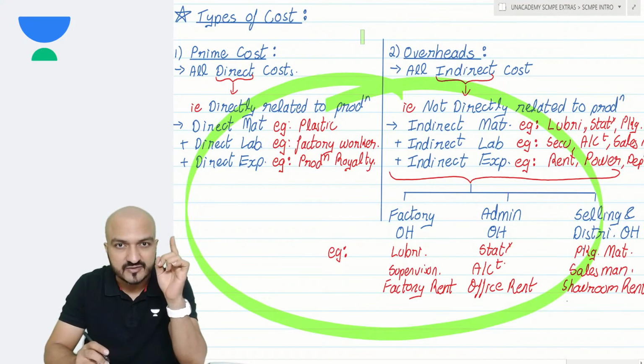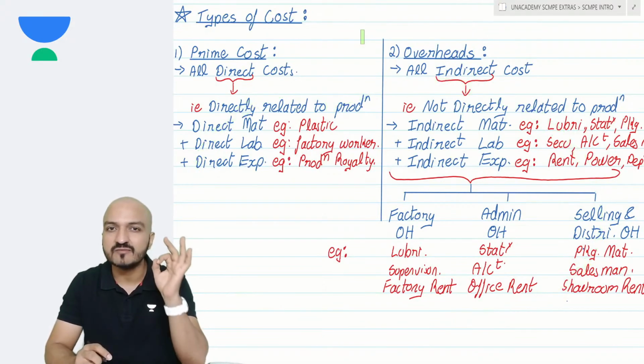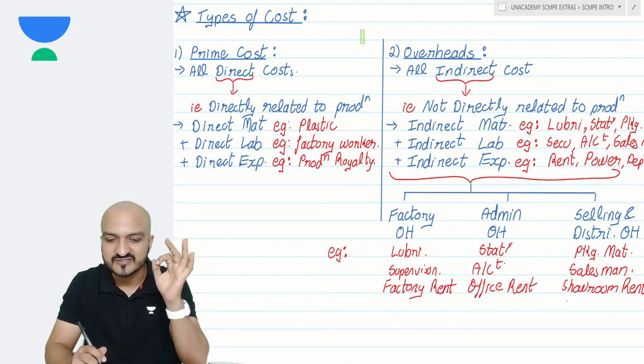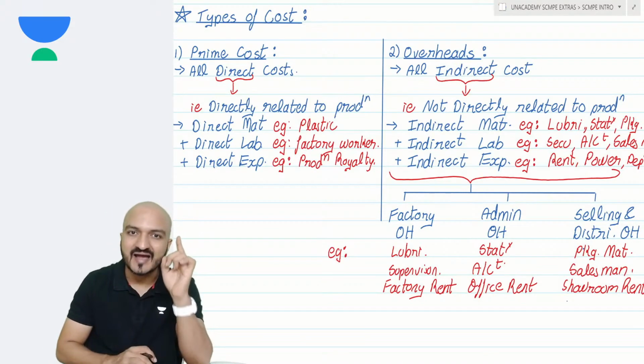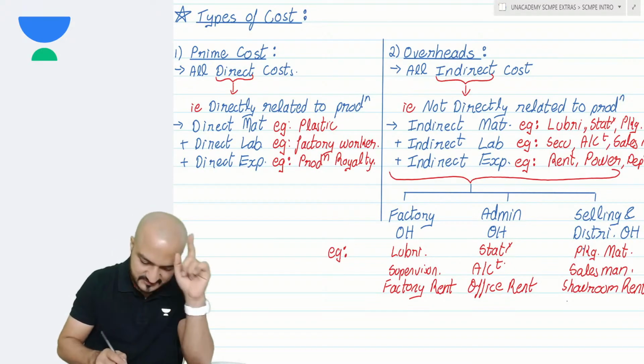But cost sheet is going to use only 6 items of cost. Which 6? I'll show you.